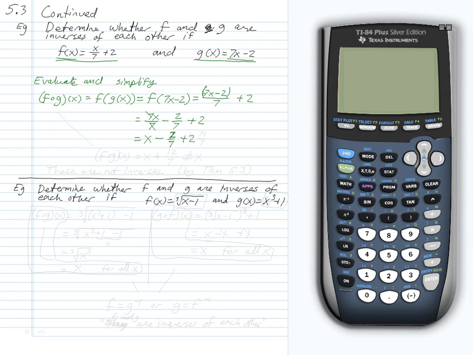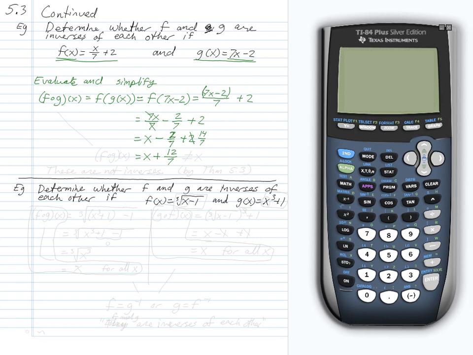plus 2 left over. Okay, well, for one thing, 2 could be written as 14/7 if we wanted a common denominator, so we could combine those constants. So negative 2/7 plus 14/7 would give us positive 12/7.